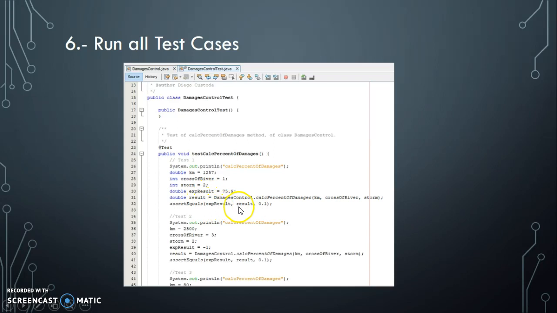If they are equal, the result is okay, but if it's not, we need to check what is the problem. But in this case every test is okay.